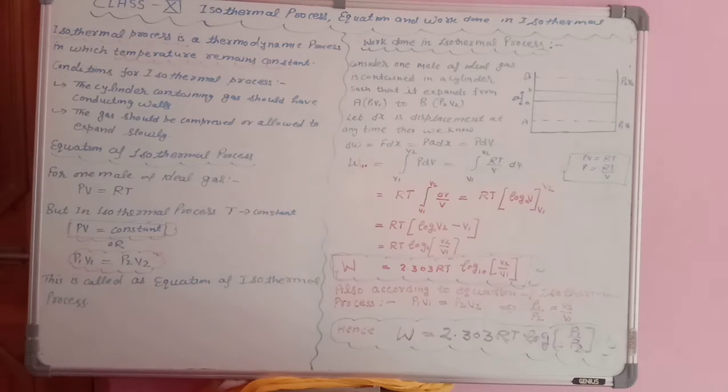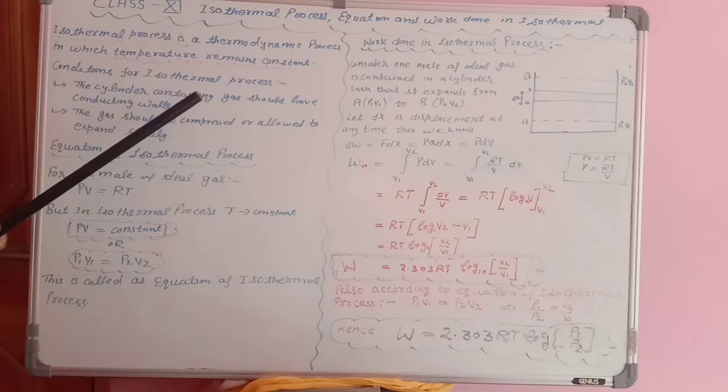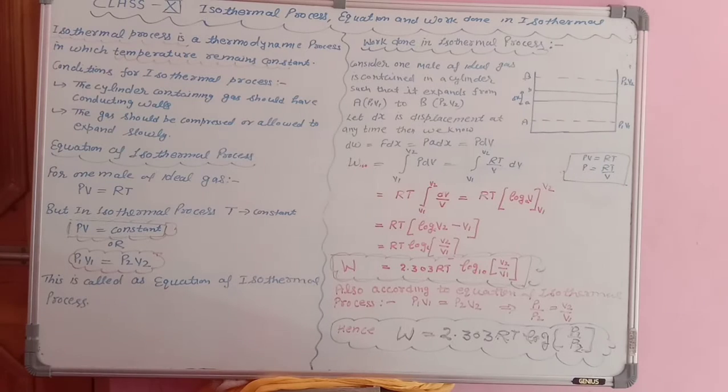So what are the conditions for isothermal process? The cylinder containing the gas should have conducting walls, and the gas should be compressed or allowed to expand slowly. The meaning of the first line is that the walls of the cylinder containing gas should be conducting.